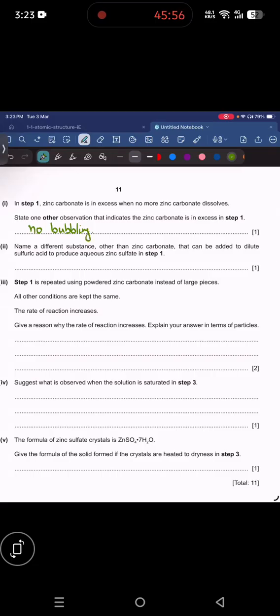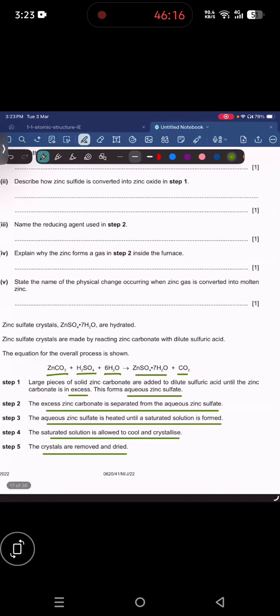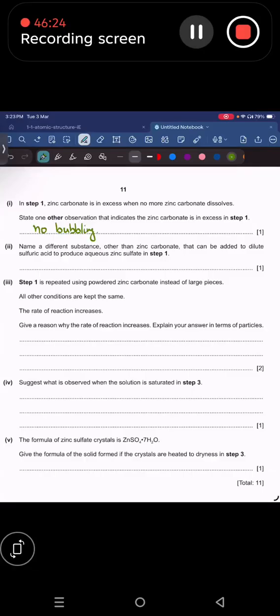Is this part clear to all of you? Yes. Now the next one.